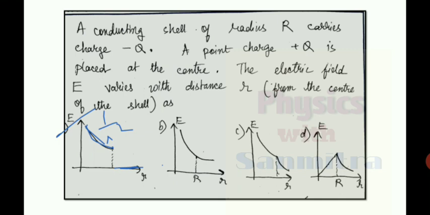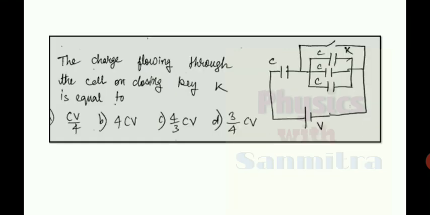And my next question is, here 3 capacitors are connected in parallel, so the equivalent is 3C, and there is a switch like this. Initially it was charged, and after closing the key, we need the charge flowing through the cell on closing the key.